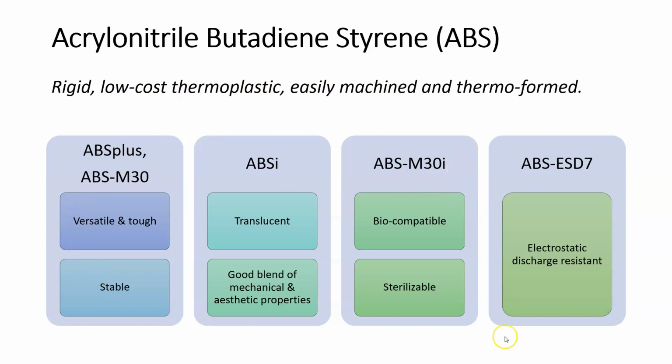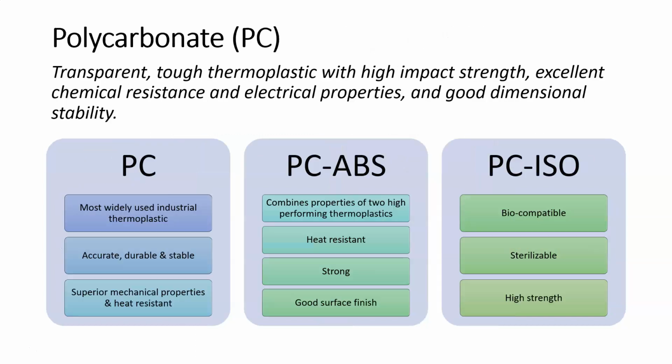And there's a lot of variations within that, okay? Many of these that I have listed here are proprietary to the Stratasys 3D printers. So they might have different names for different 3D printers, but you can see you have translucent, you have biocompatible, that is, it can be associated with food, you can sterilize it, and even this one is electrostatic discharge resistant, so it's electrically inert.